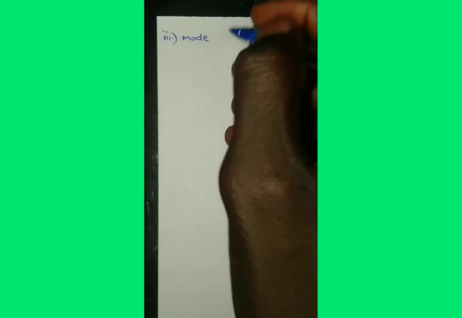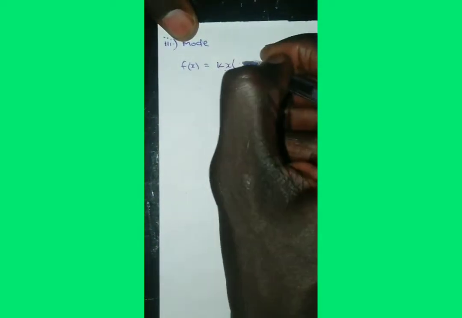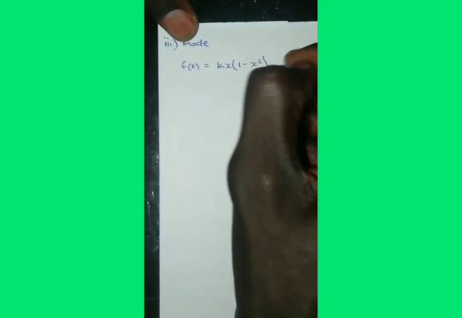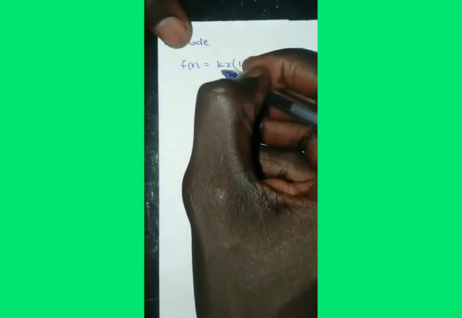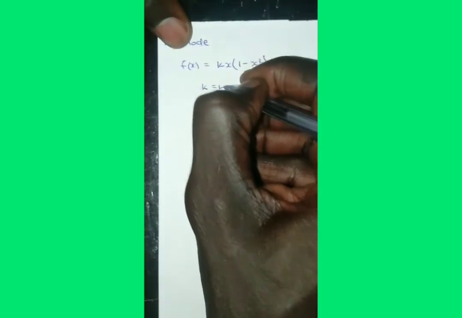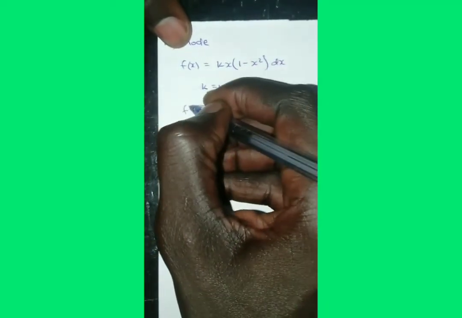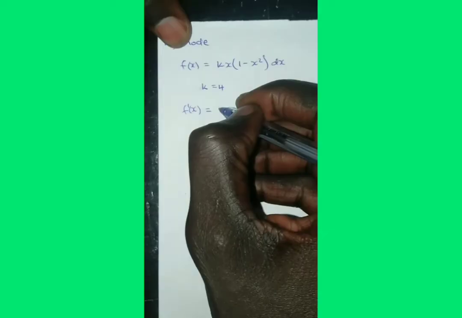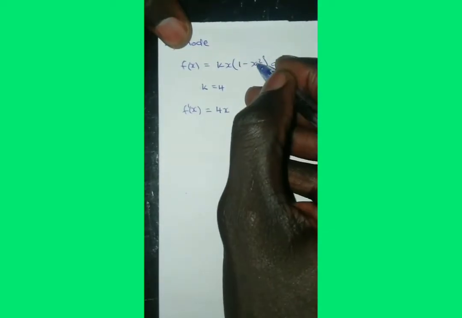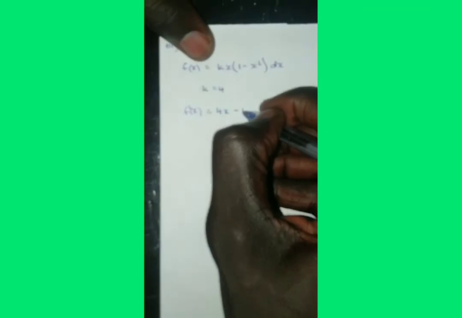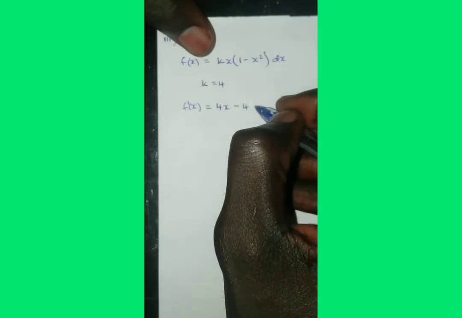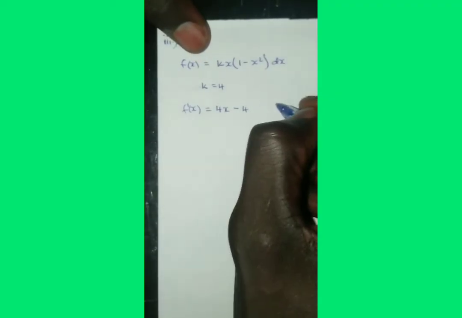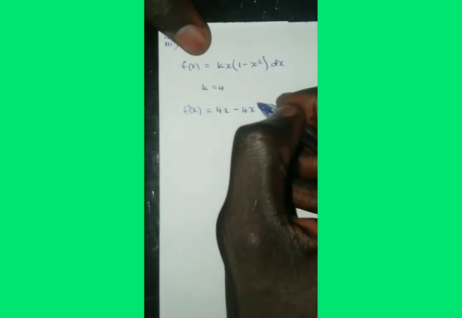To find the mode, first we have our f of x, kx into 1 minus x squared. But k is 4, so f of x will be 4x, then minus 4x raised to power 3.